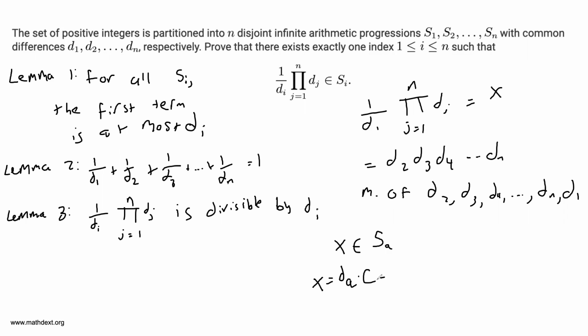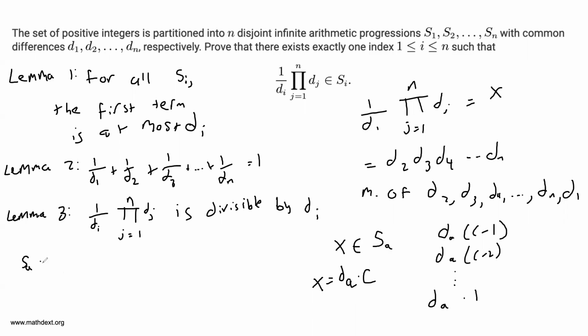But since the common difference of this sequence is dA, not only is x in the sequence, but dA times c minus 1 is in the sequence, dA times c minus 2 is in the sequence, etc. And then eventually you can conclude that dA times 1 is in the sequence, right? Because if x is dA times some constant c, and the common difference is dA, then really the sequence just contains all multiples of dA, which means that the first term is going to be just this dA over here. So all multiples of dA will be in SA.